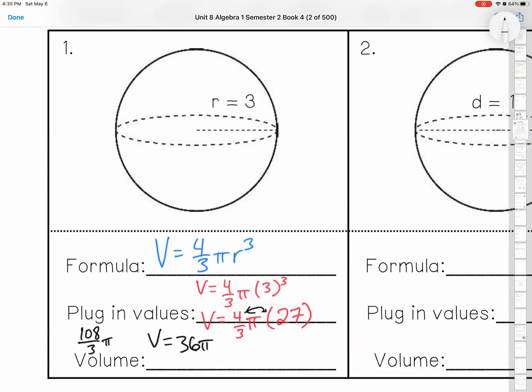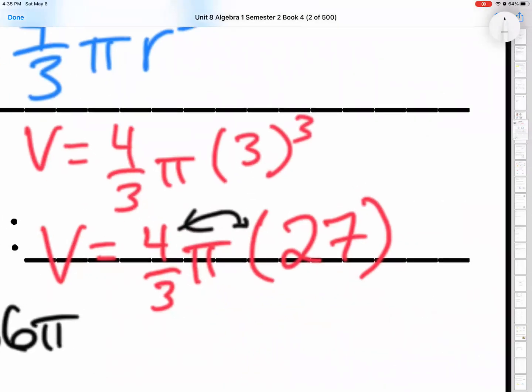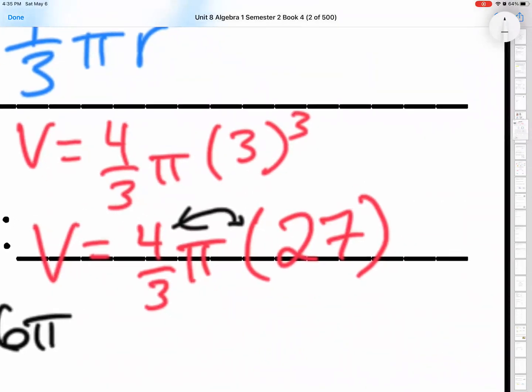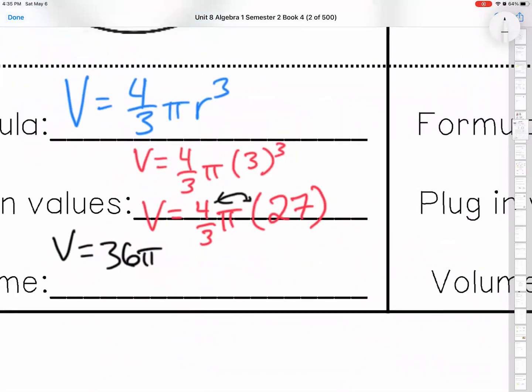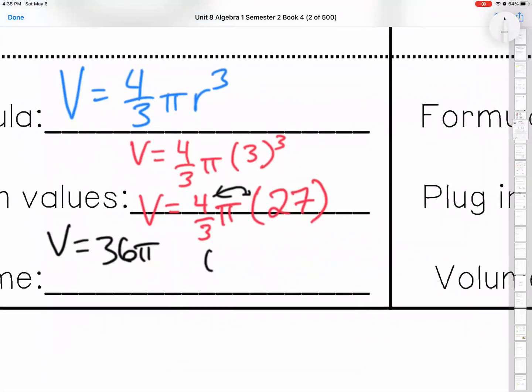Now, how you enter this into a calculator, let's say you just want to go straight from this guy, the 4/3 pi times 27, to maybe a decimal value. Well, how you would enter that is open parentheses, 4 pi times 27, and then we're going to close that parenthesis because we're telling our calculator, hey, here is a set on top as the numerator.